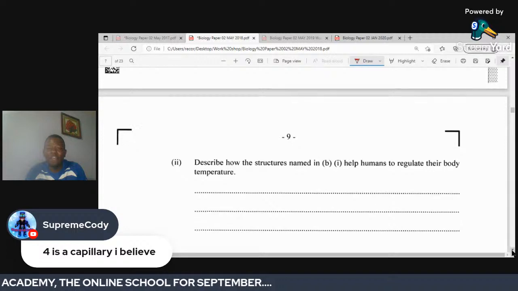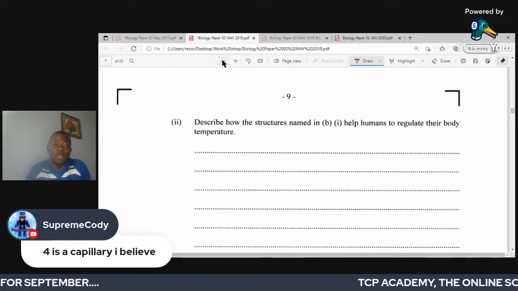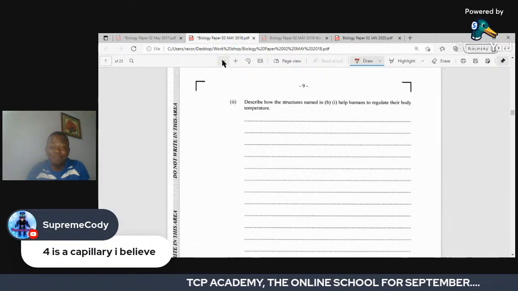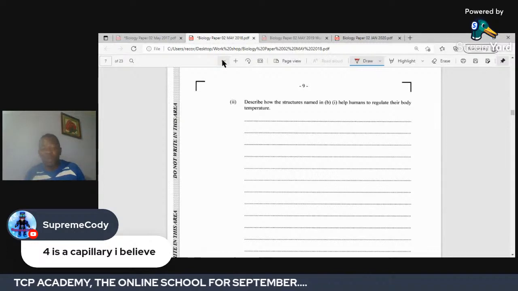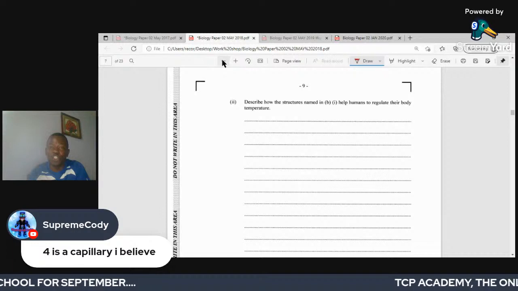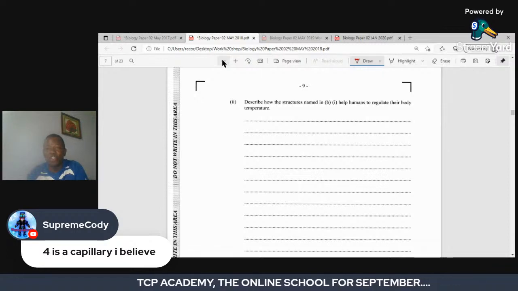All right, so we're looking at the other question. Look at this question, this one is pretty beautiful. This was a question we were reading this morning on the 2017 paper, and this question has found its way onto the 2018 paper as well. It said, describe how all the structures named in (b)(i) will help humans to regulate their body temperature.